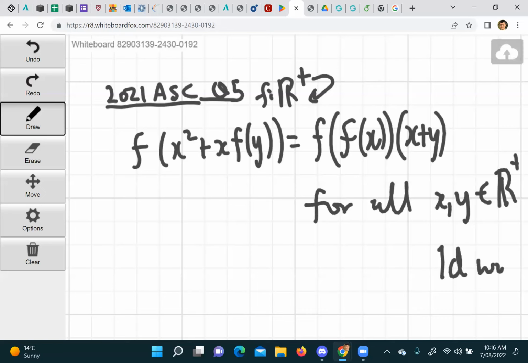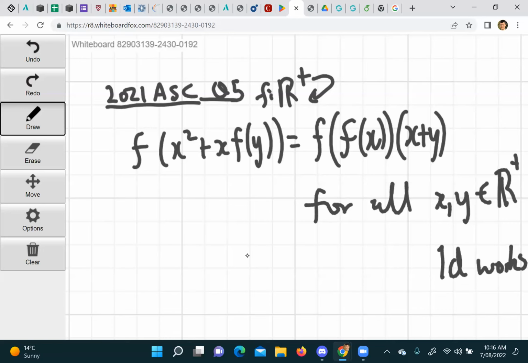Oh, wow, no way. There can't be any more constants. That's why. Reals plus, XY equals X squared. Yeah, okay, can't be any constants. It works. No way.